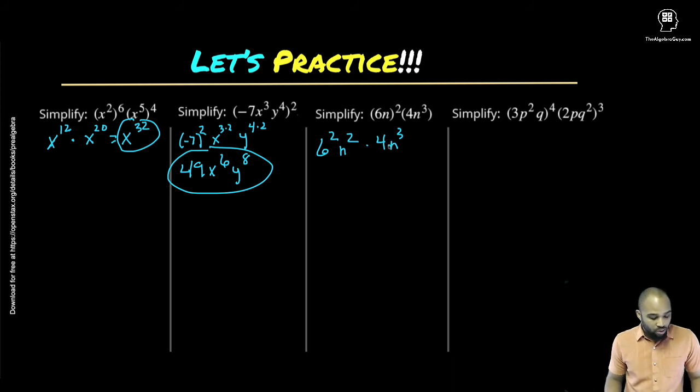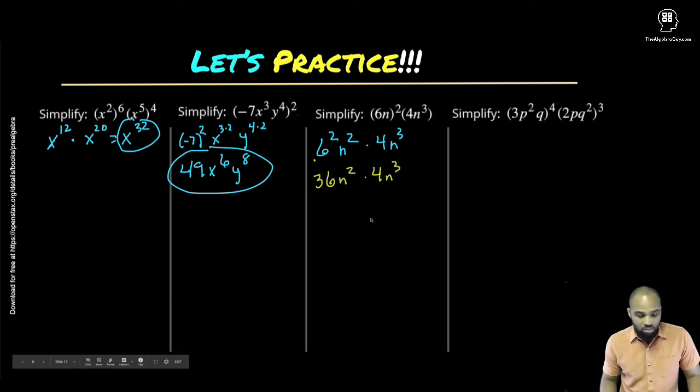Now at this point, what I want to do is multiply my 6 squared. Actually, I better go ahead and simplify this a little bit first. 36n squared times 4n cubed. So I also notice that I can multiply a little bit more here, because 36 times 4 can multiply together. And what is that going to give me?